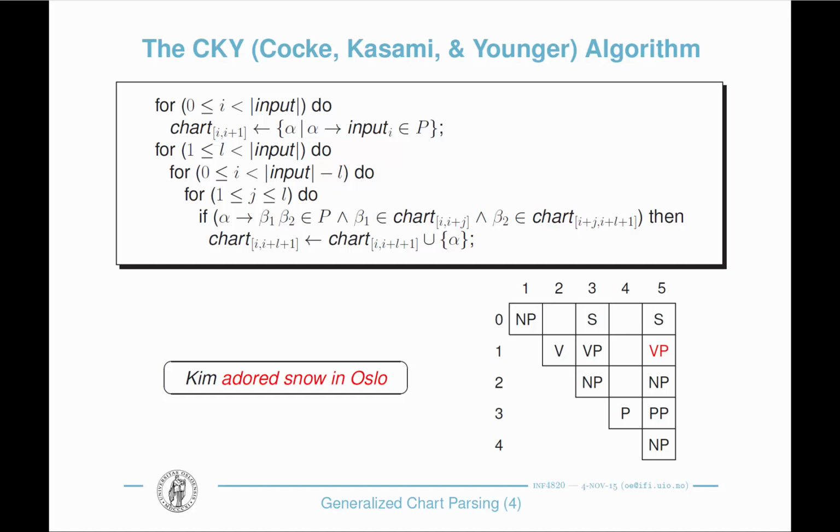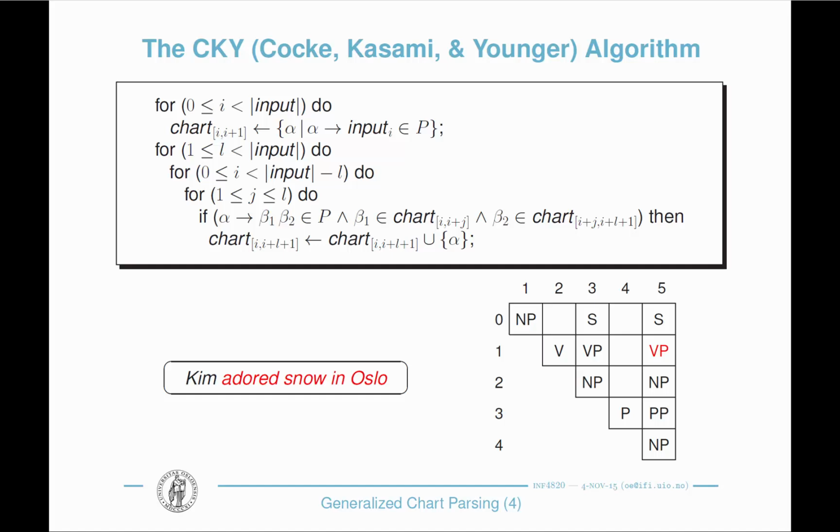And the L here ranges over the length minus 1 to make the indexing work out nicely, so this cannot start from 2 as I was asking myself semi-quietly last week. This has to start from 1 because down here we actually say the cell that we currently compute starts at I and ends at I plus L plus 1. That's a matter of convenience to make the other indices count nicely to reduce the number of terms.